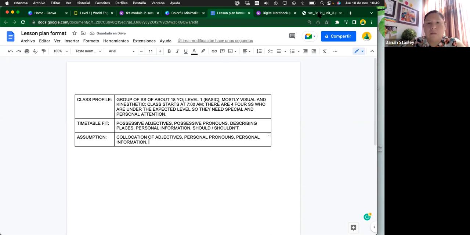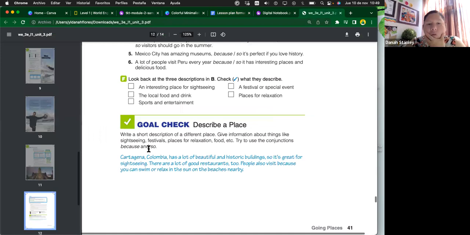What else? Porque they are going to write a short description of a different place. Things like sightseeing, festivals, places for relaxation, food, etc. Pues at least adjectives, ¿no?